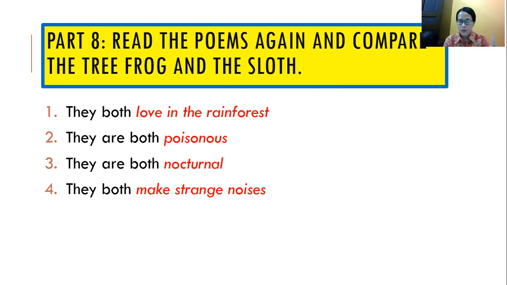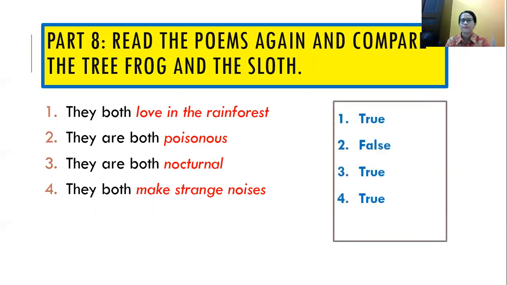Are they both poisonous, nocturnal, or do they make strange noises? So they both live in the rainforest and they are not poisonous. Sorry, one of them is not poisonous. And both of them are, of course, nocturnal, and they make strange noises.